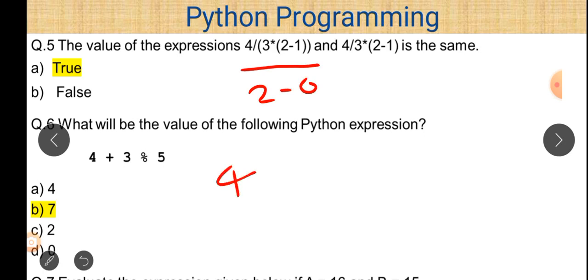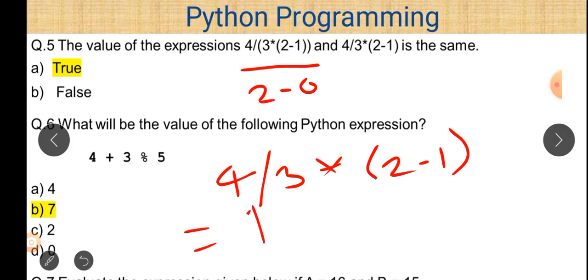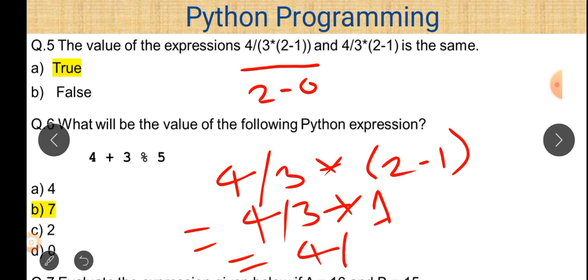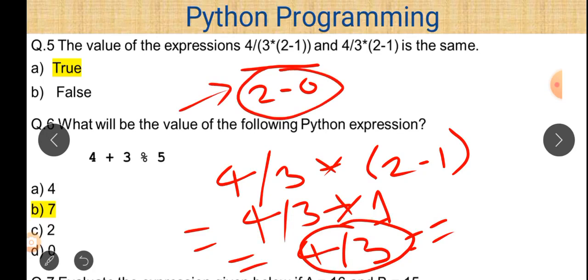Now (4/3)*(2-1). There is only a single parenthesis here, so our answer is 1. So we get 4 divided by 3. That is our answer, and it is always in the form of a float value. So I think there is a mistake in this part. Let us solve this part again.